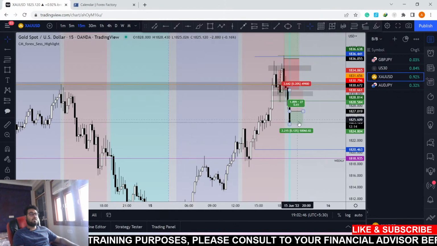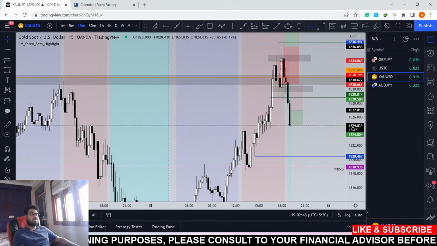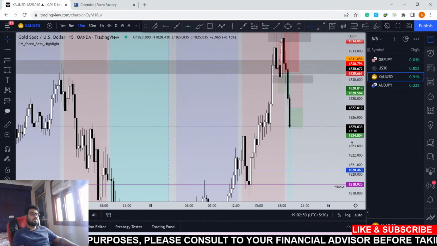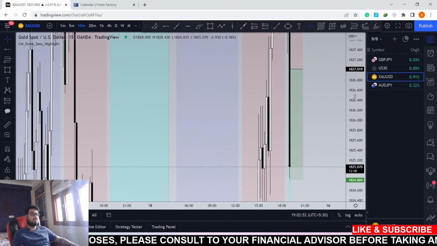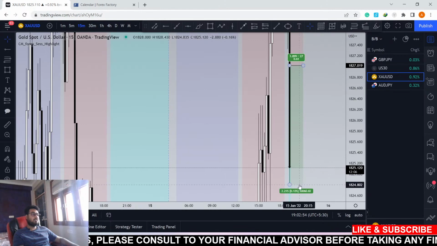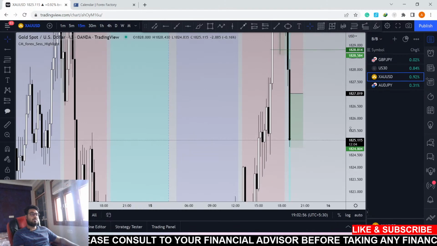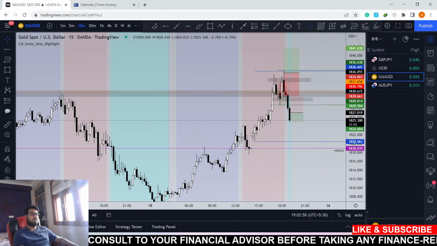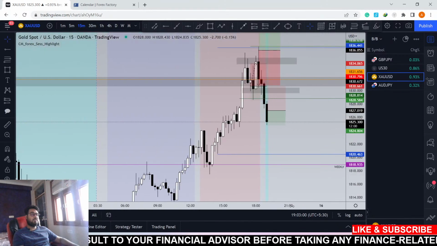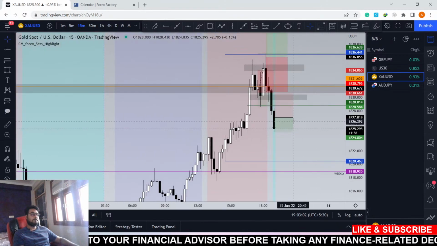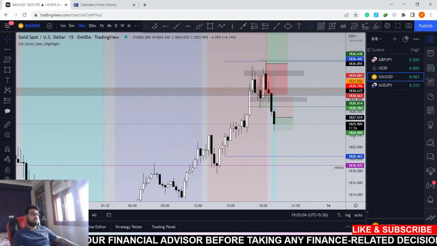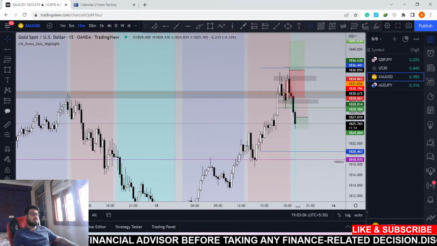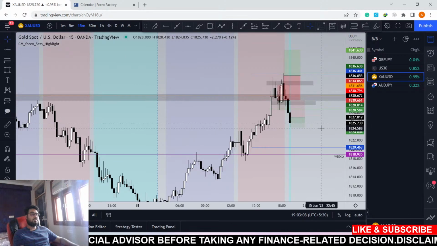So this is about to hit the take profit. See, it has almost hit the take profit. There is a high chance that it will come down and hit the take profit. So, 0.6 paid.